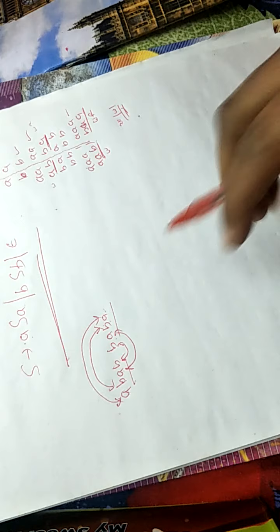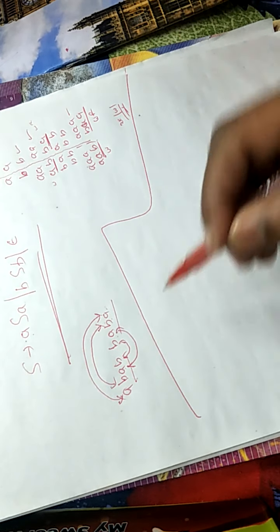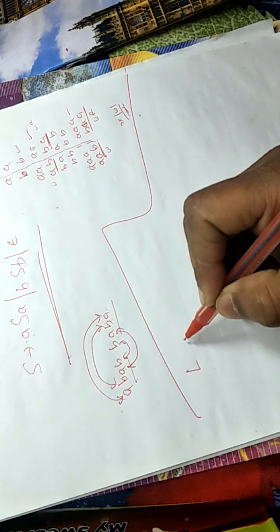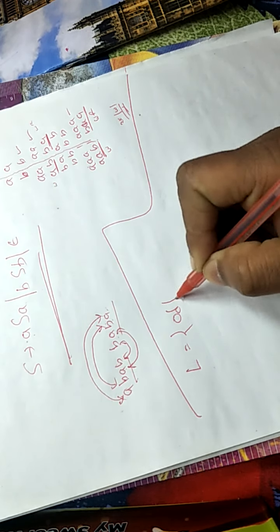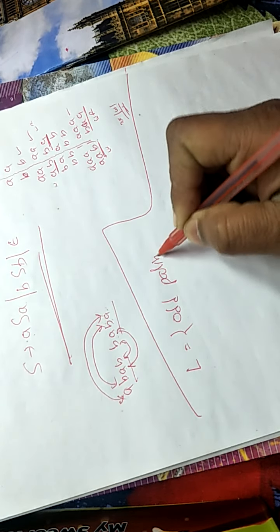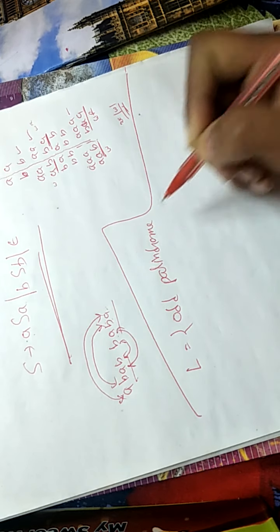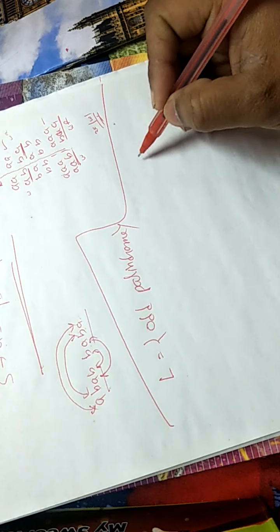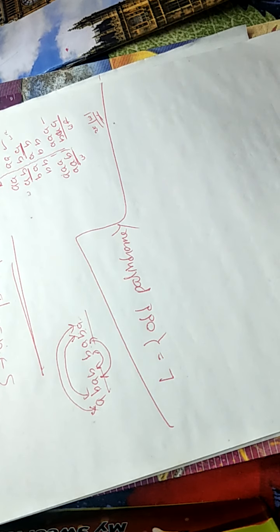So move to the other variant of palindrome. L is equal to odd palindrome. Odd palindrome has strings that are palindromes and have odd length.